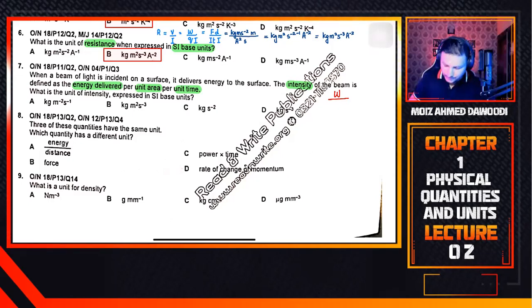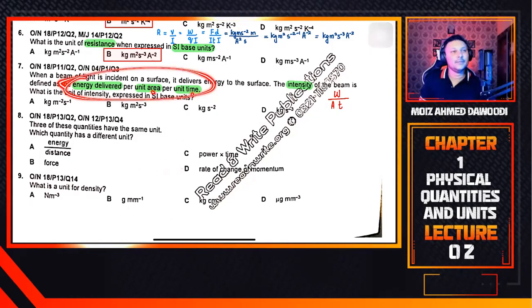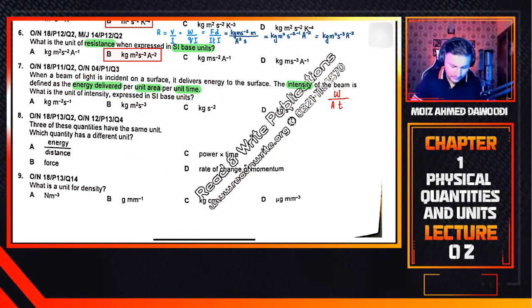Energy delivered per unit area per unit time. So this is the equation he's asking. Energy per area and time, so work upon area into time. This is what you call intensity.